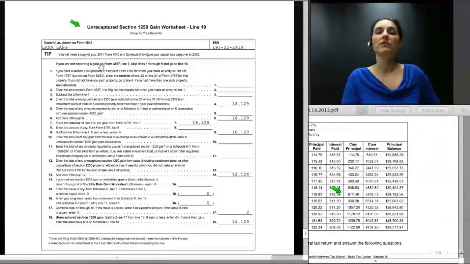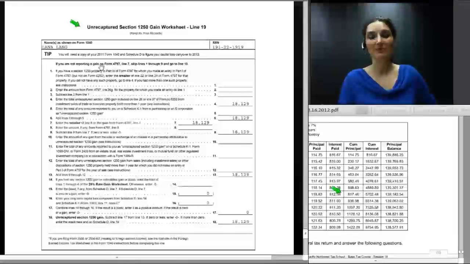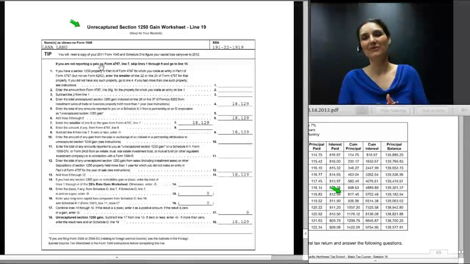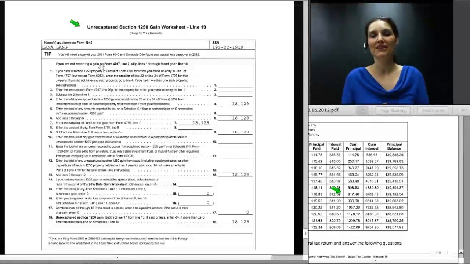Once she has finished recovering all of the depreciation that she's previously claimed, then any future payments above and beyond the recovery of depreciation, those will get taxed at the maximum rate of 15%, assuming that tax rates don't go up, which in our political atmosphere right now, as we're going into the 2012 election season, I can foresee that for 2013 and future years, capital gain rates are probably going to go up for most people, including Lana.